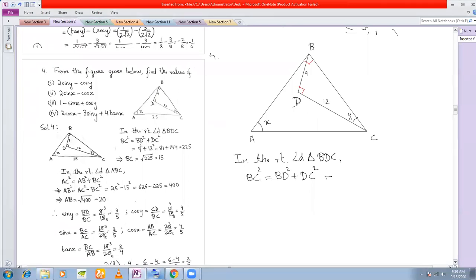So this is BD square is 9 square and DC square is 12 square, which is 81 plus 144. This gives you 225. So therefore the length of BC here is square root of 225, which is 15 units. So we have managed to find out the length of BC, which is 15 units.